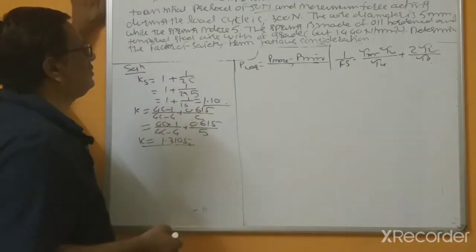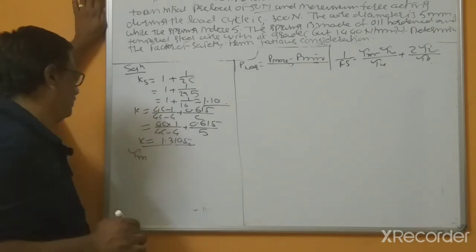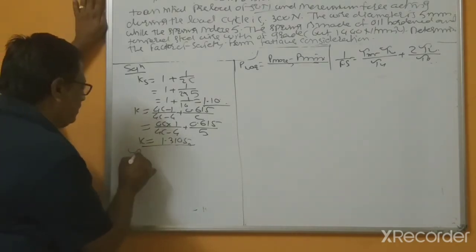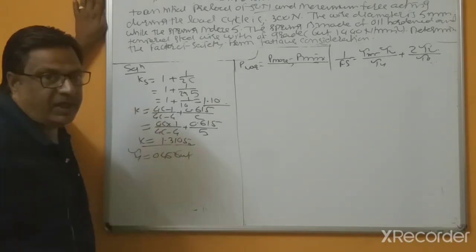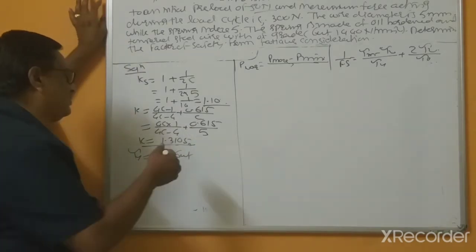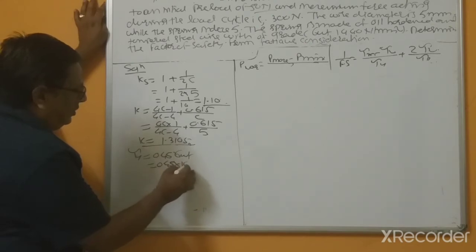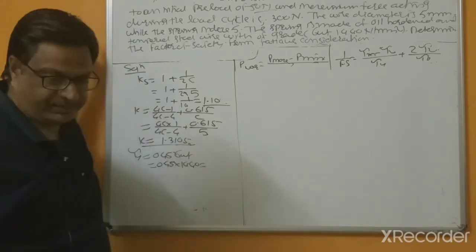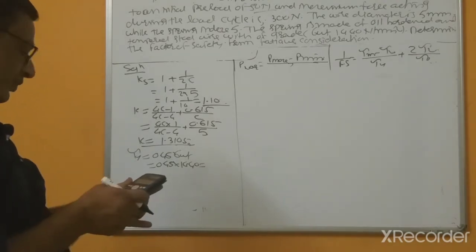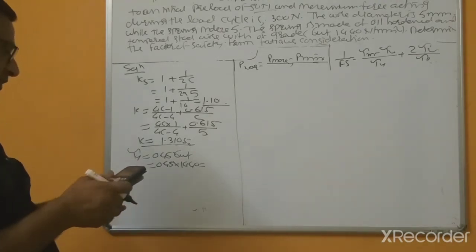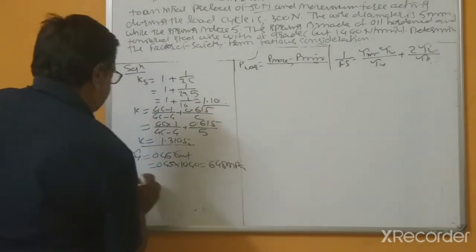Now tau y equal to 0.45 sigma ut, the ultimate tensile stress. So 0.45 multiplied by 1440 is 648 megapascals.